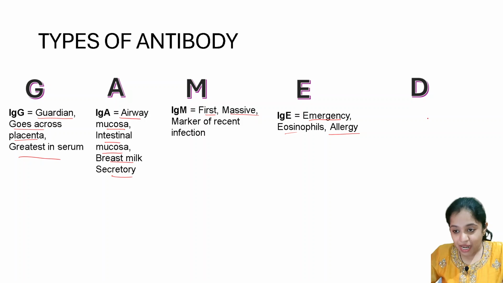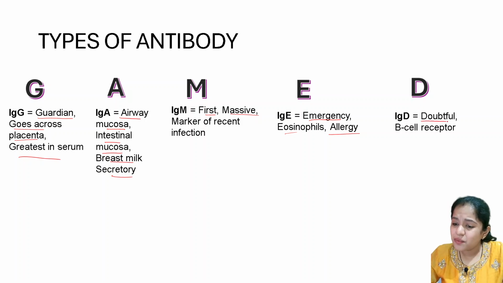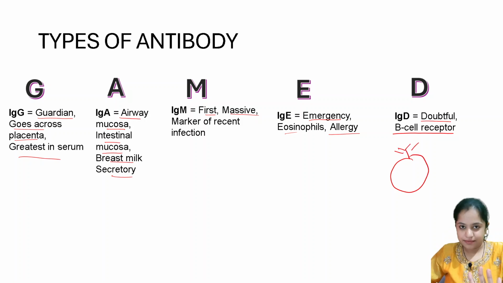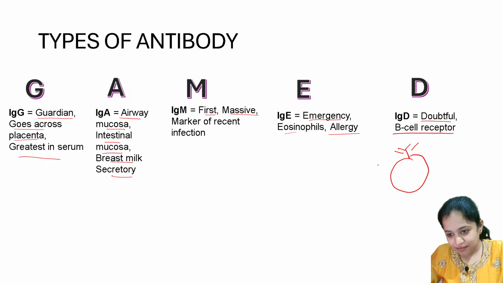Okay. Now IgD. Whenever you think what is the function of IgD, you're doubtful. Remember, it's present as a B cell receptor. On the B cell, IgD is present as a receptor. Clear? Now, apart from IgD as a receptor, sometimes you also have IgM as a receptor.